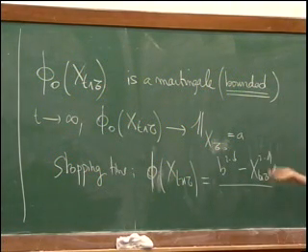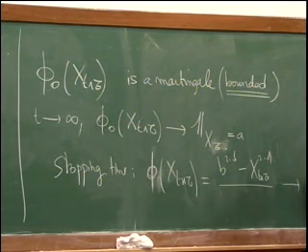And now I can use the fact that I'm a martingale. I take the expectation, and I get that phi of x is indeed equal to phi 0 of x.